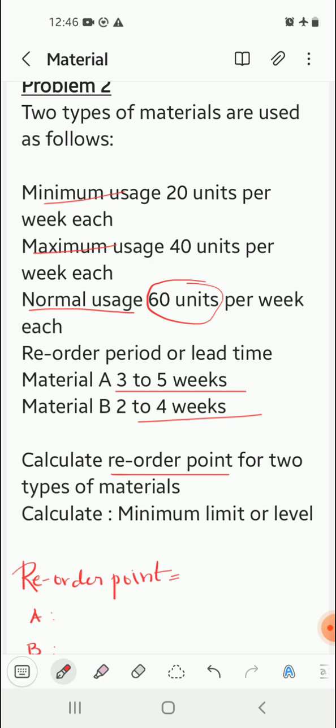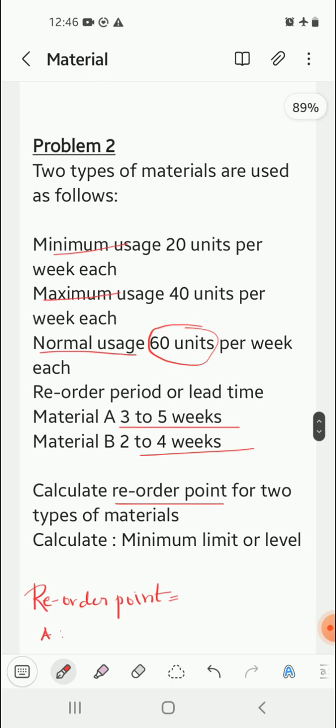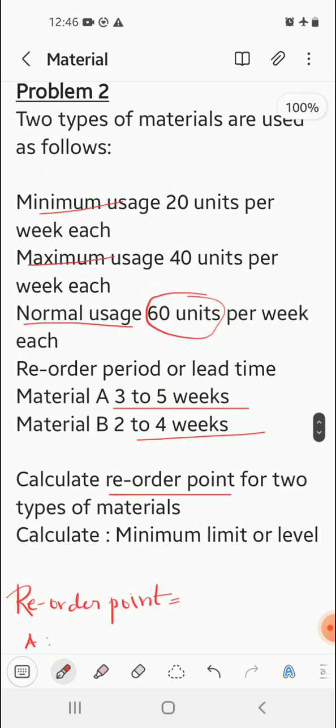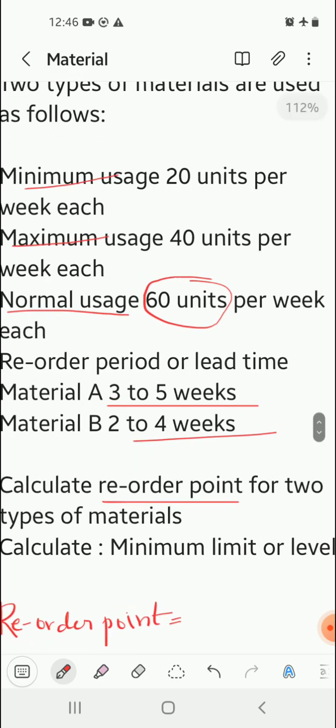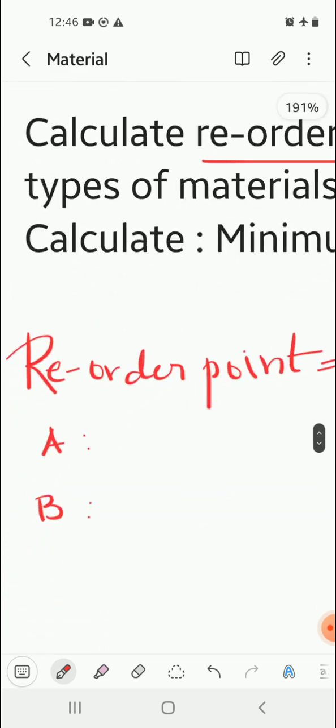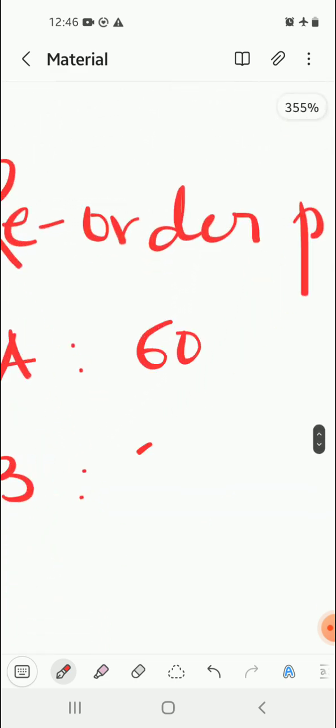So for A it is 60 units per week. For A and B both, because it's not mentioned here, we'll take it for both 60 and 60.